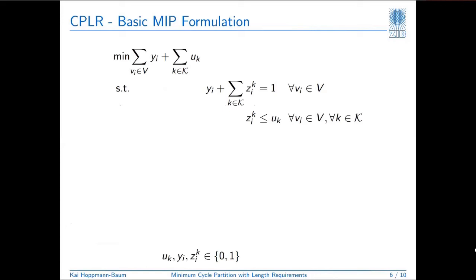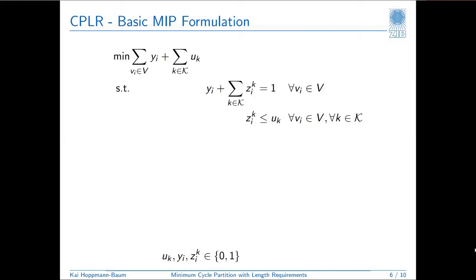Uk is a binary variable which is equal to 1 if the cycle with index k is used, so if vertices are assigned to it, 0 otherwise. Yi is equal to 1 if the corresponding vertex is a singleton and not contained in a proper cycle having two vertices or more in it. And Zik is equal to 1 if vertex i is assigned to the cycle with index k and 0 otherwise.